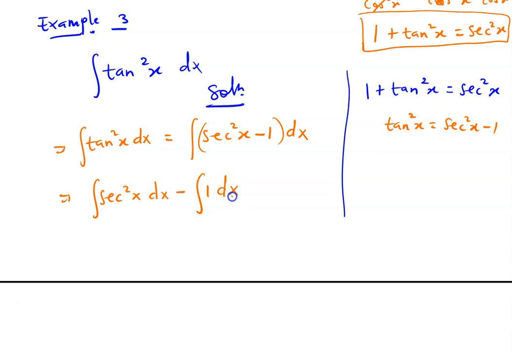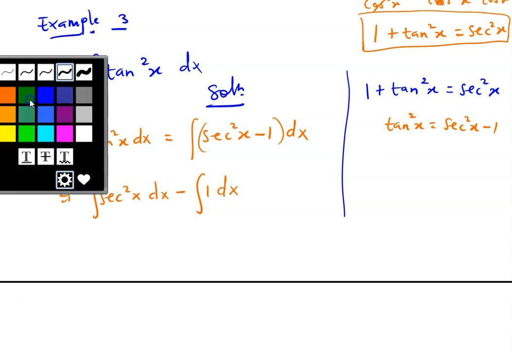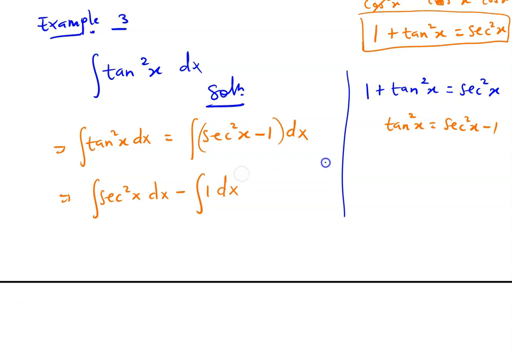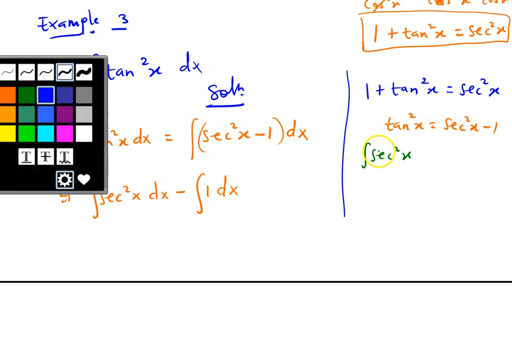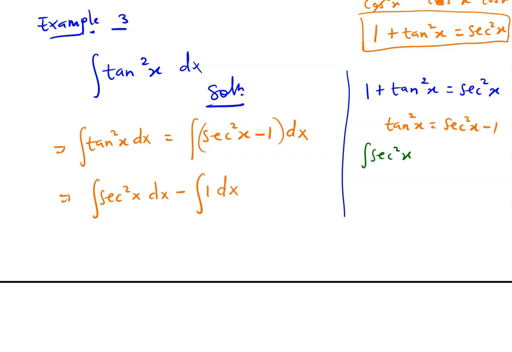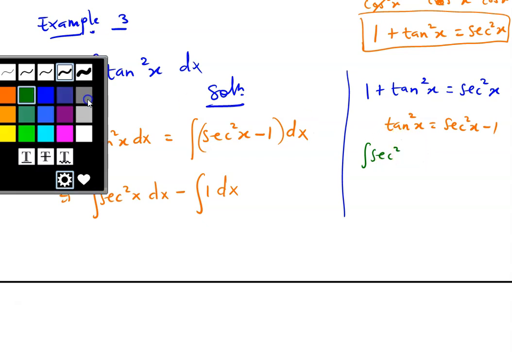1 dx. But if you can recall, in our first video, we set some standard integrations. If I have the integration of sec squared ax, that's the rule that we set.